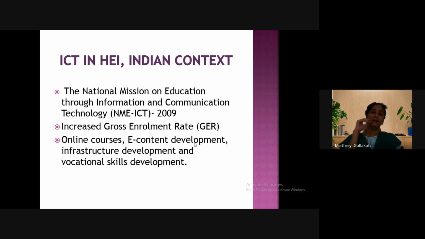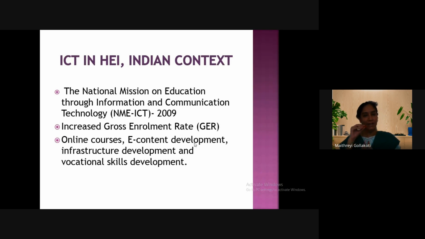This is where it all started. The government itself made a resolution that ICT tools are going to be established and employed in higher education in India. So 2009, sorry, is the starting point for this.